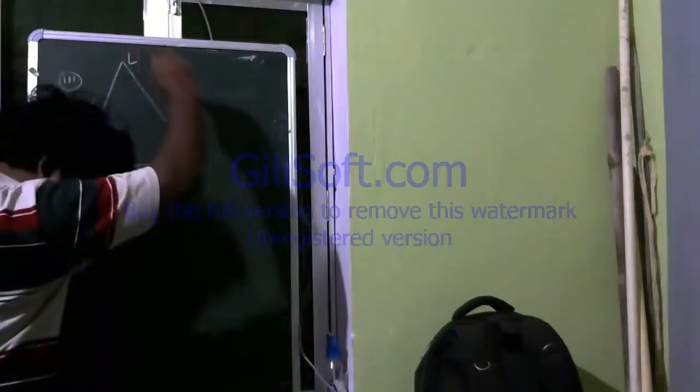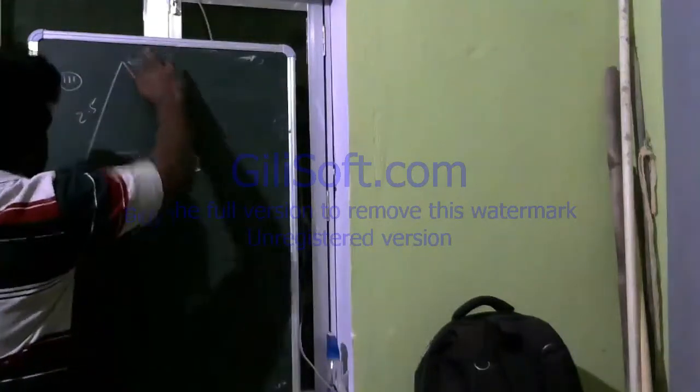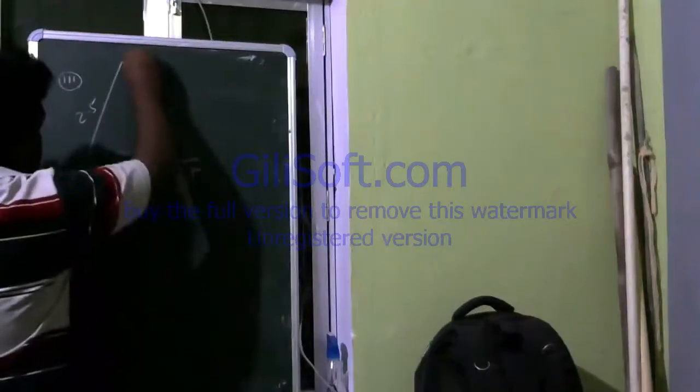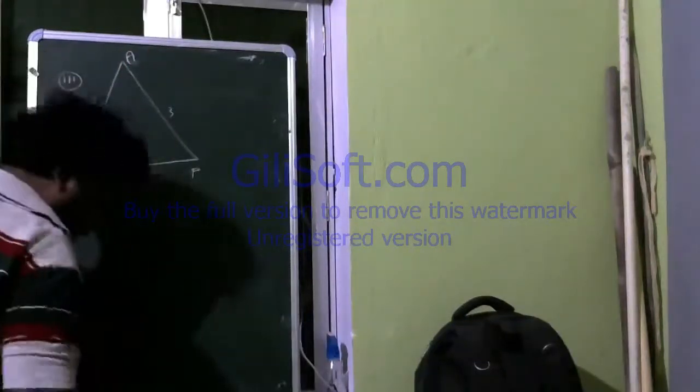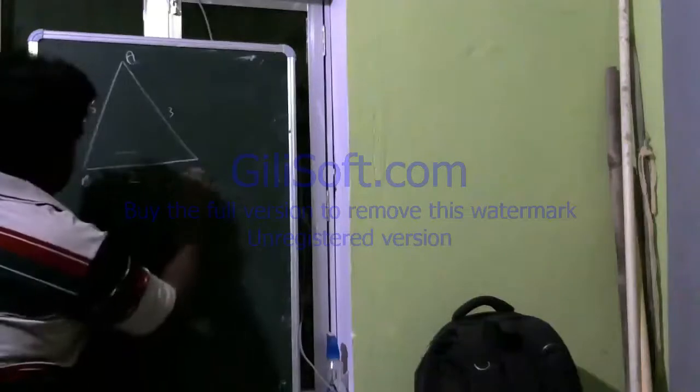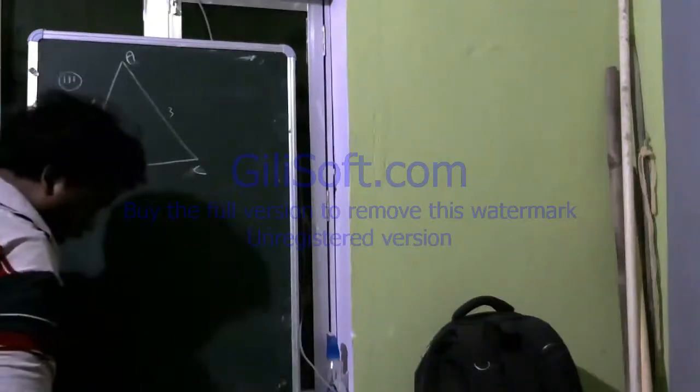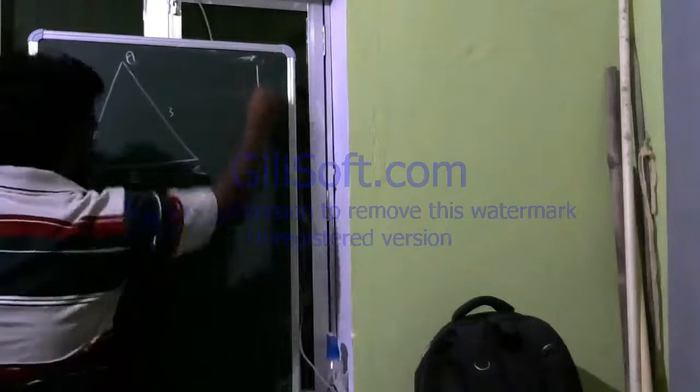Now this is angle A, B, and C, and one more triangle is given in this way.